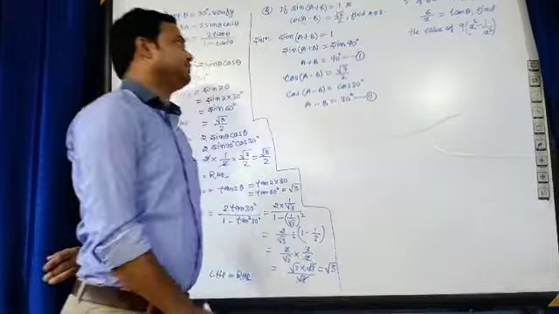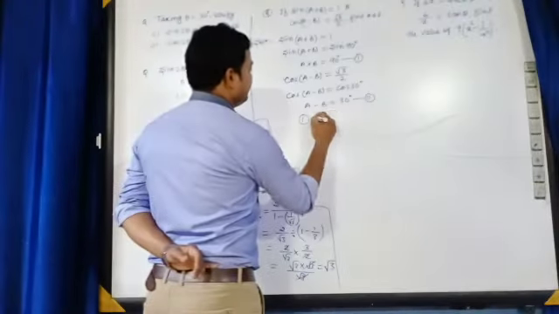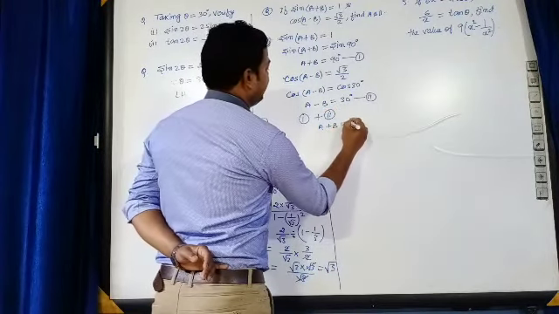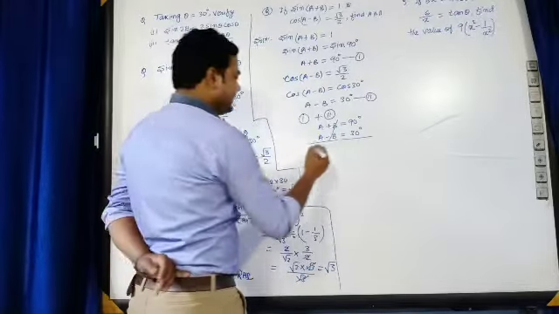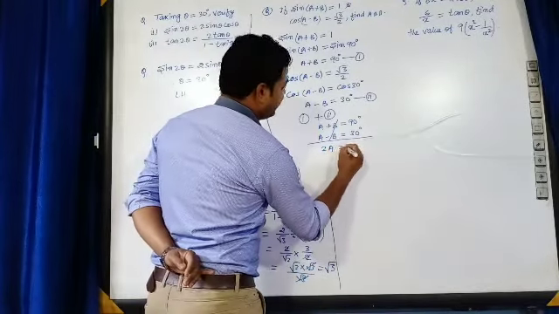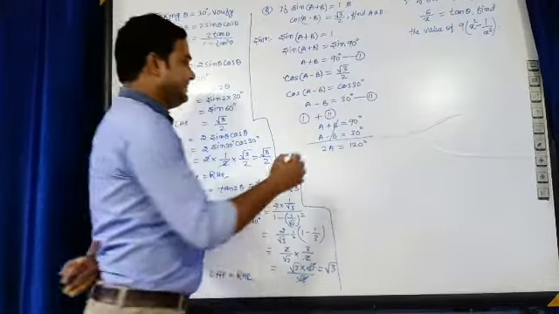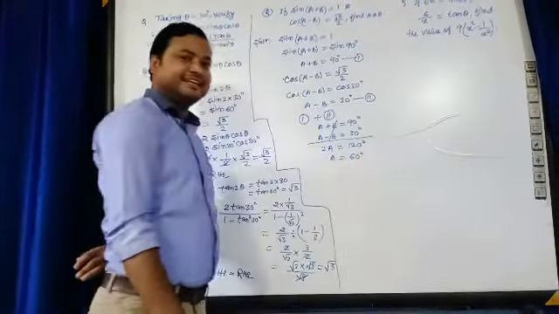Now equations 1 and 2 are linear equations in two variables, just adding 1 plus 2. a plus b equal to 90 degree, a minus b equal to 30 degree. Now solving, b cancels, 2a equal to 120 degree, then a equals 60 degree.